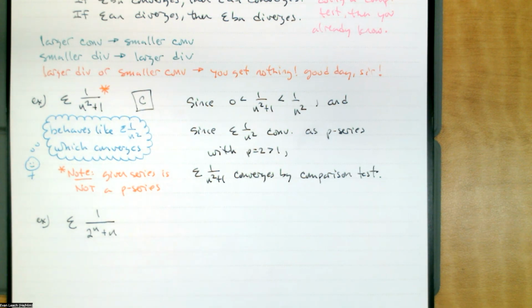So we're looking at this and thinking that 1 over 2 to the n, that's the long run behavior.